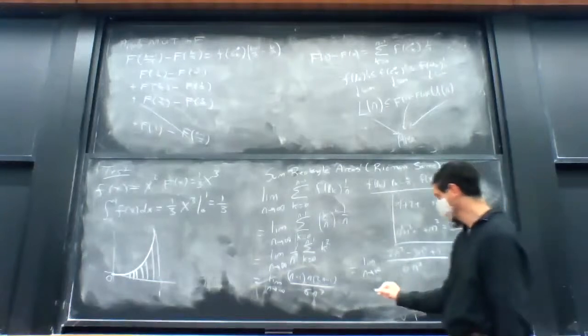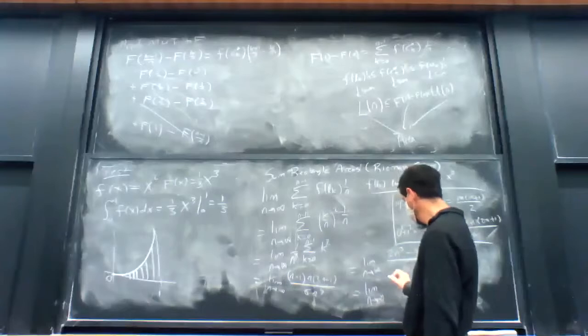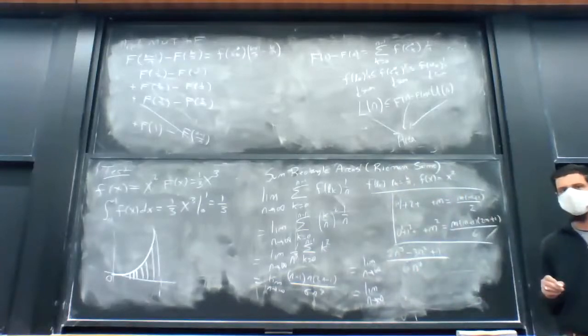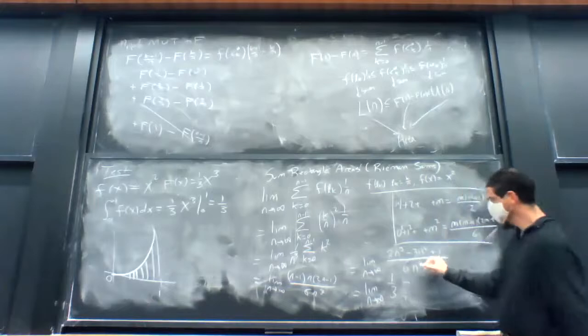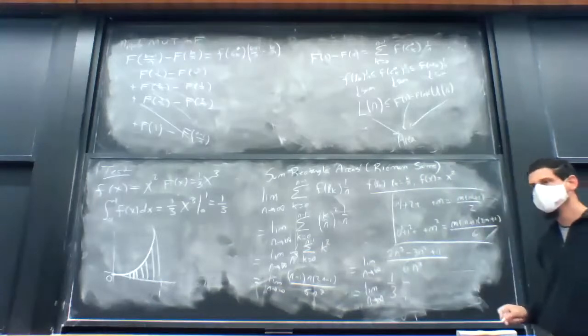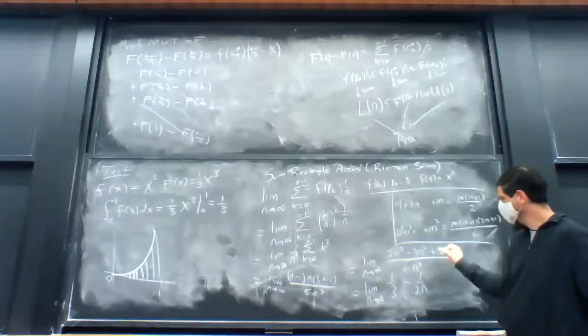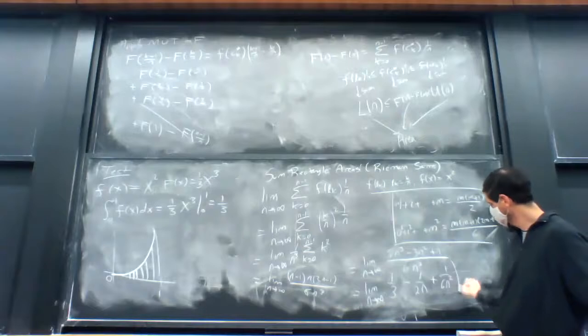So I can write this as the limit as n goes to infinity. Let's do it term by term. 2n cubed divided by 6n cubed is 1/3. 3n squared divided by 6n cubed would just be 1 over 2n. And the last is n over 6n cubed, which is plus 1 over 6n squared.